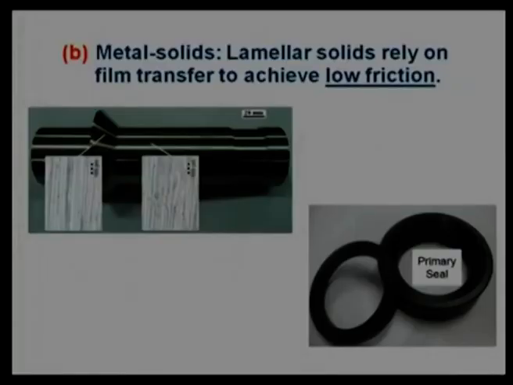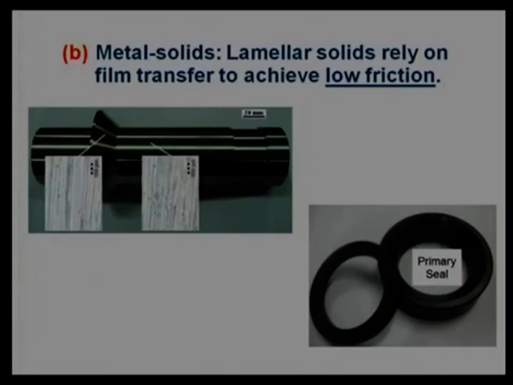Solid lubricant deposits a transfer layer on the metals which are going to interact, and that transfer layer is a lubricant layer. For example, we have here two photographs. This is a stainless steel shaft, finely finished and having very low surface roughness.